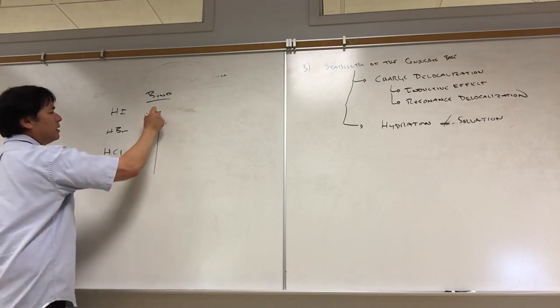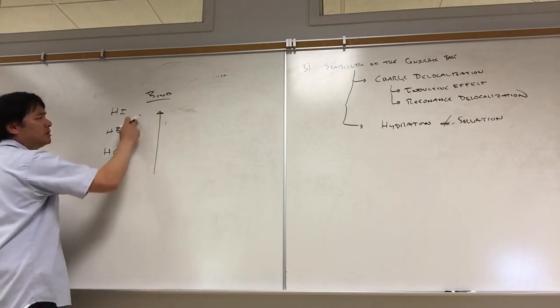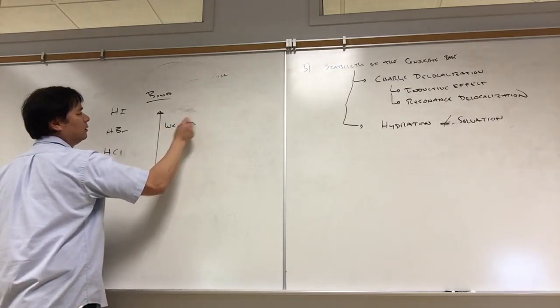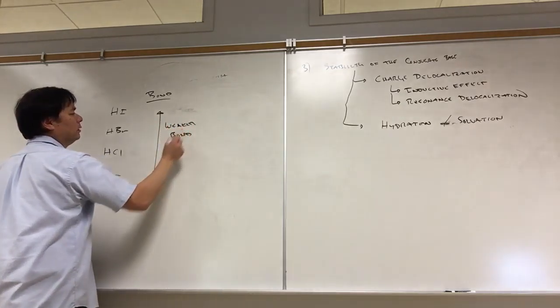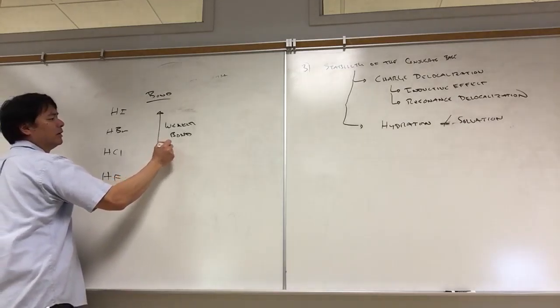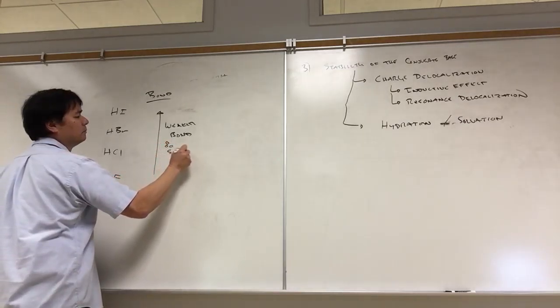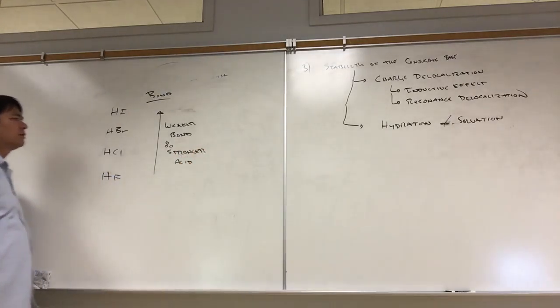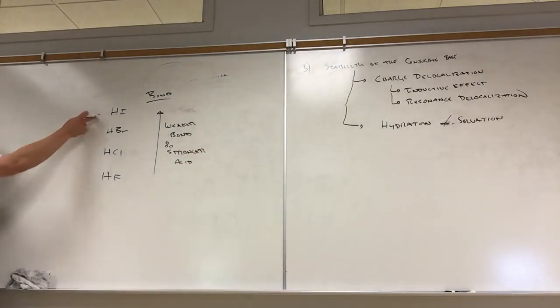And so in other words, if we go from bottom to top, we get a weaker bond. Therefore, we'll get a stronger acid. And so according to bond strength, HI should be the strongest acid because it has the weakest bond.